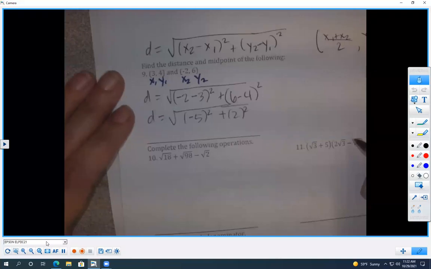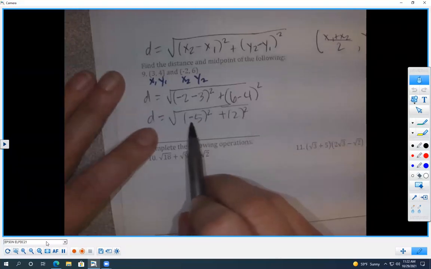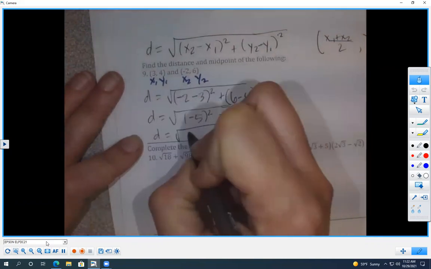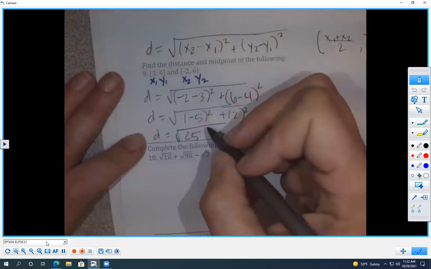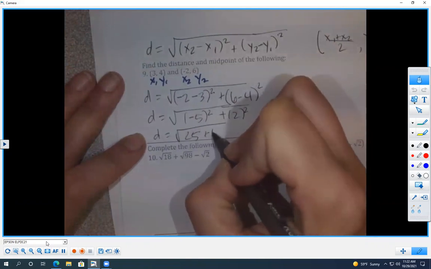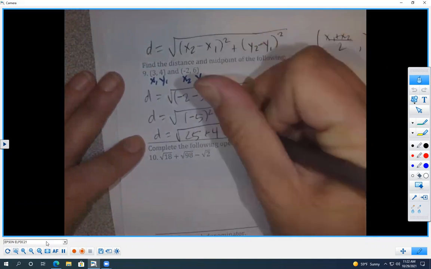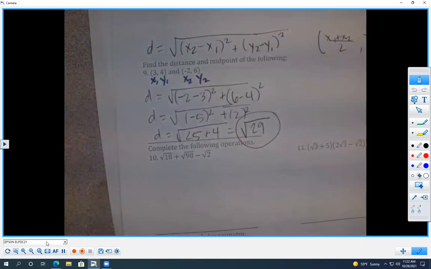And then you square each of them. What is -5 squared? 25. Positive 25, remember, never negative. What is 2 squared? 4. And 25 plus 4 is 29. So the answer is the square root of 29.